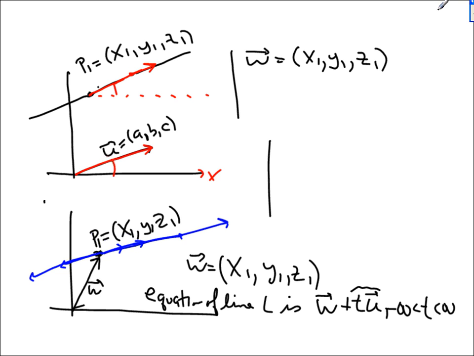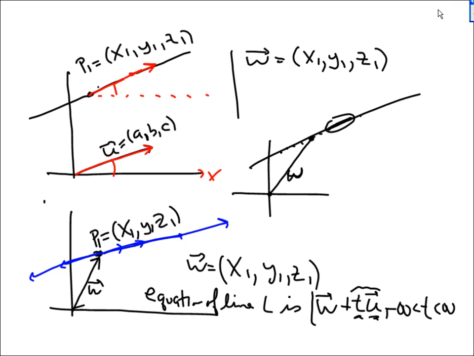But basically, if this is the line you want, you go from the origin and you add a vector that goes to any point on that line. And then you find a vector in that direction, any vector in that direction, and you add any multiple of it to the vector w. That vector is u. We're adding any multiple of u.